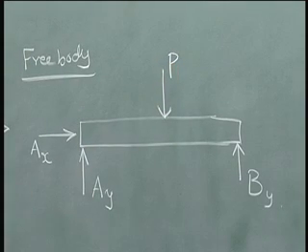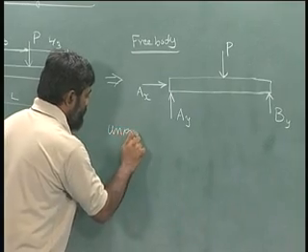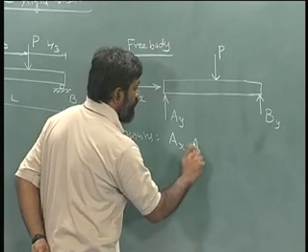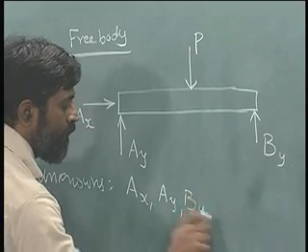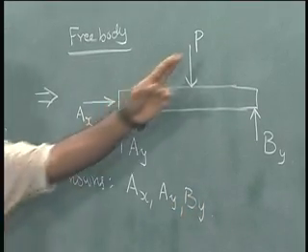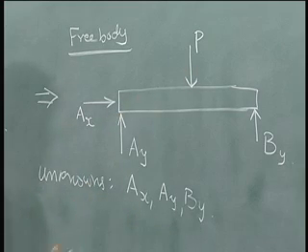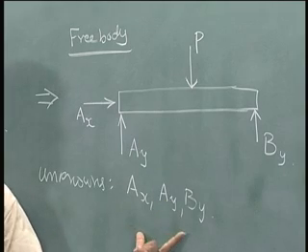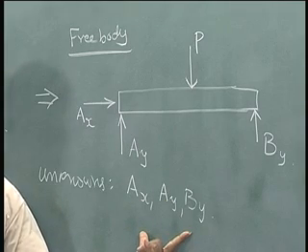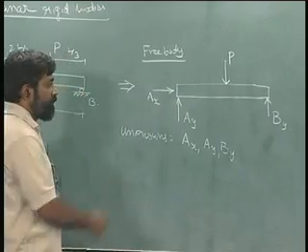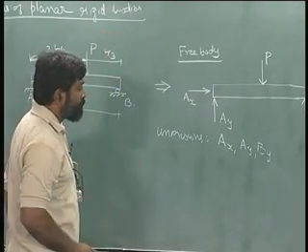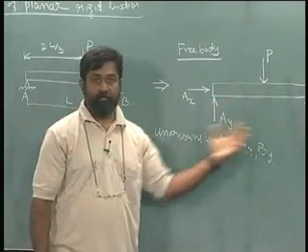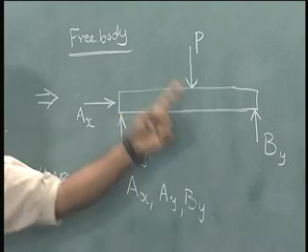So let us examine the number of unknowns. We have Ax as an unknown, Ay as an unknown, By as an unknown. Given P, we need to find these. How many equations can we generate? There are 3 equations we can generate, which means that we will be able to solve this problem completely. Okay. So let us try to solve this problem. If you look at this carefully, there are 3 vertical forces.